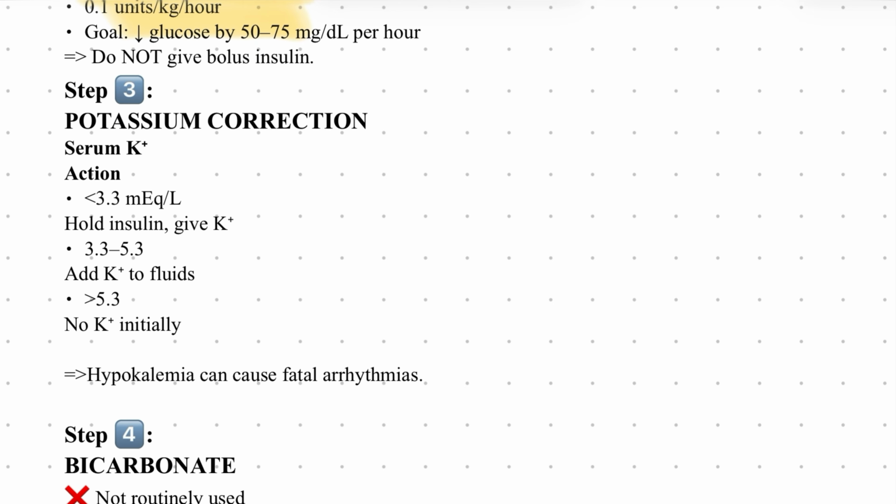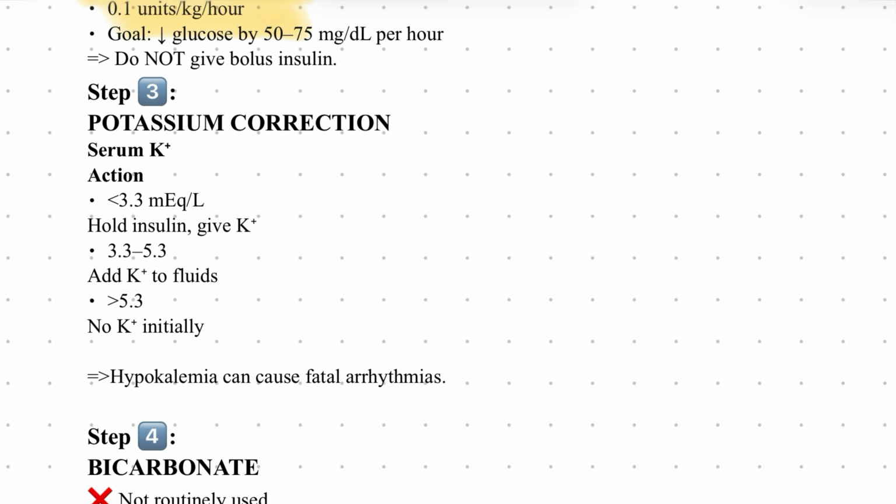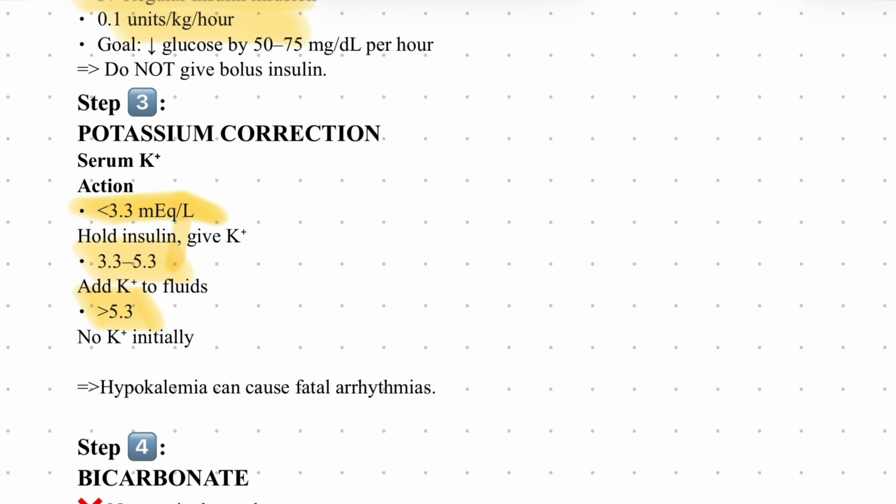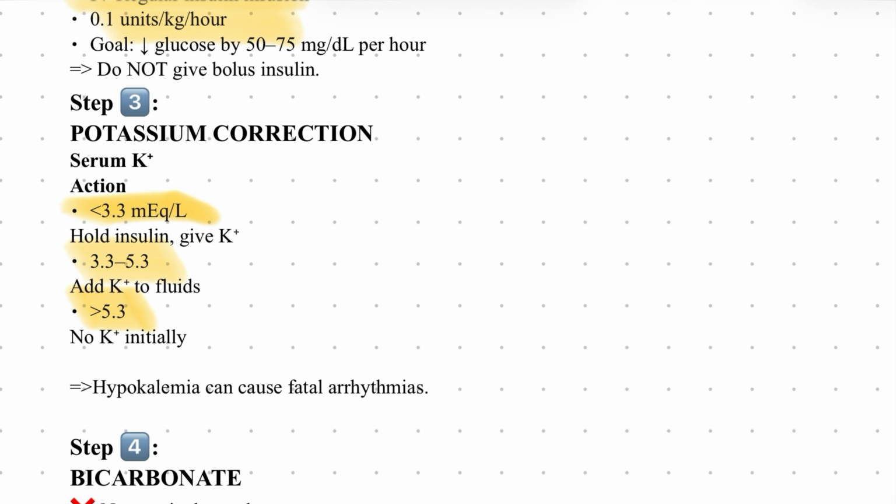Then coming to step 3, you have to correct the potassium according to the currently available potassium levels, which may be less than 3.3, or between 3.3 and 5.3, or more than 5.3. It depends how you have to correct. If it is less than 3.3, first you have to give potassium, then you go with the insulin. If it is between 3.3 and 5.3, add potassium to fluids.